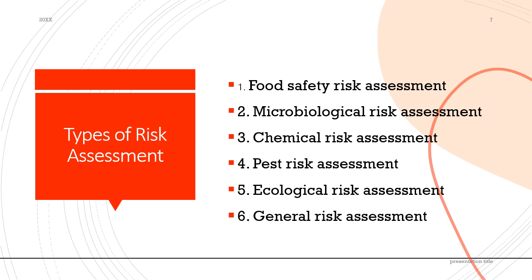The fifth is ecological risk assessment, which looks at whether there is an effect on the ecology or not. And finally, the general risk assessment process, which we use a lot to manage chemicals in various countries in the world.